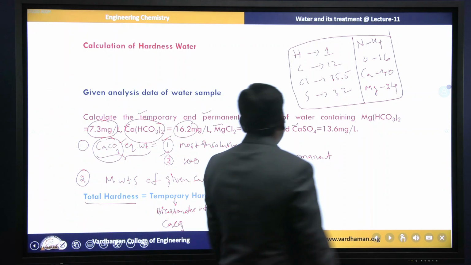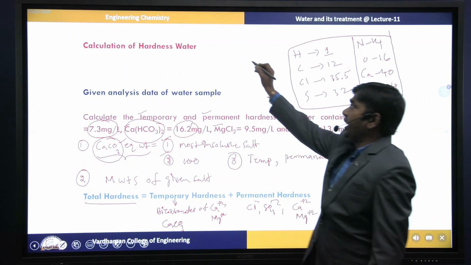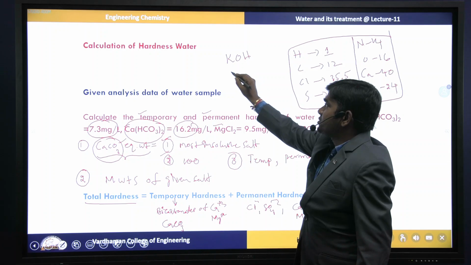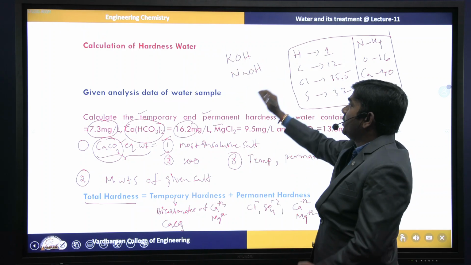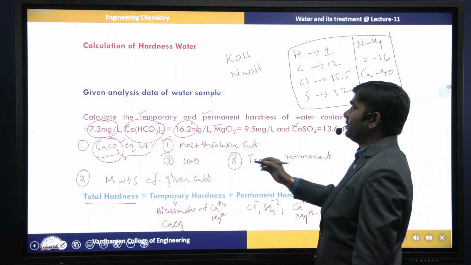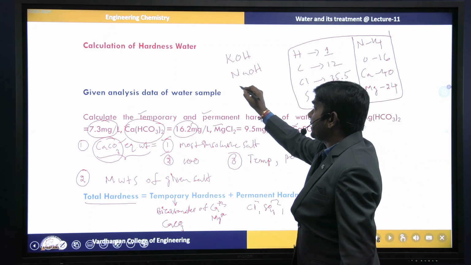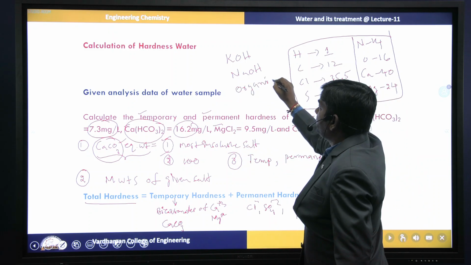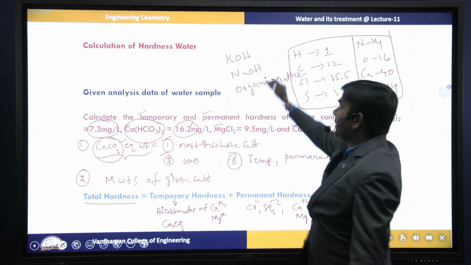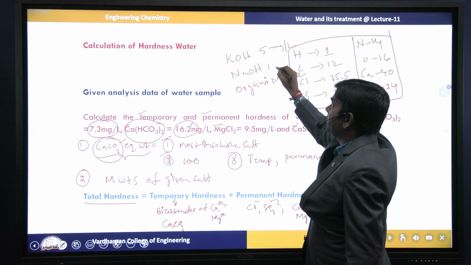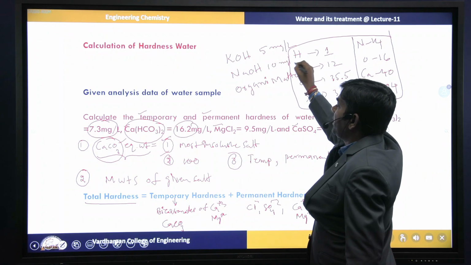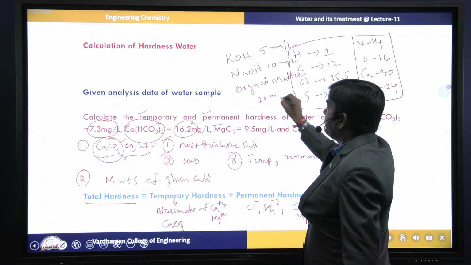Sometimes they will give KOH, sodium hydroxide, and even organic matter in the given data. For example, KOH 5 milligrams per liter, NaOH 10 milligrams per liter, and organic matter 20 milligrams per liter.